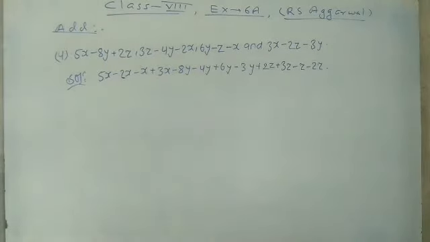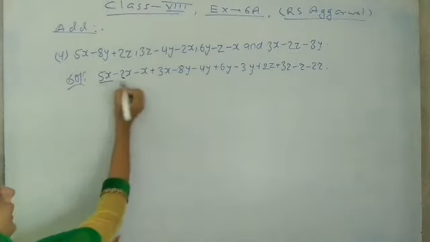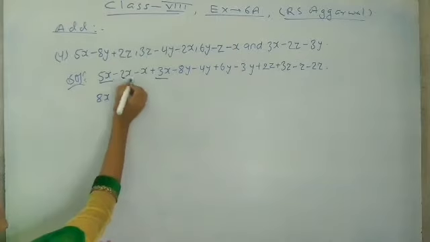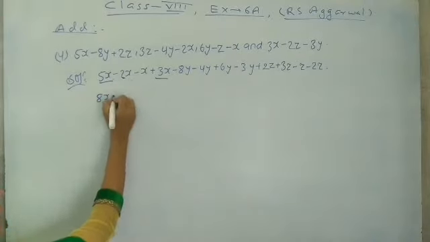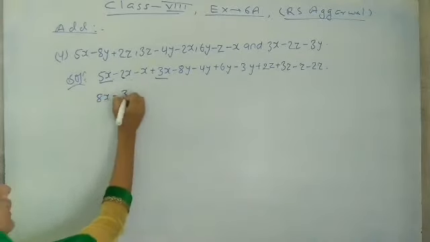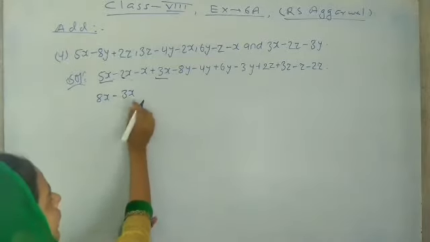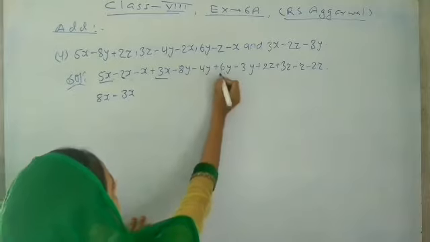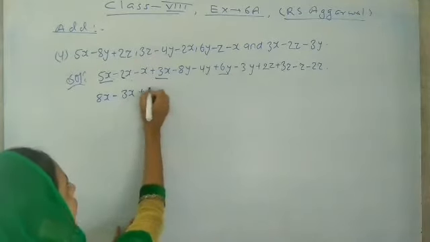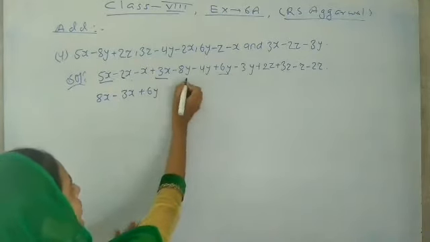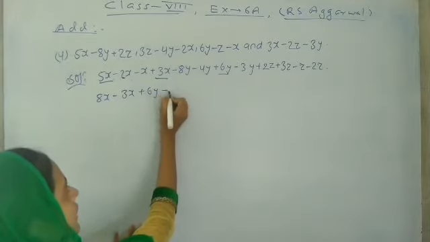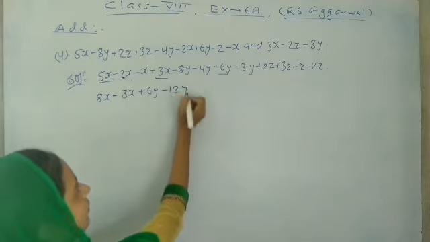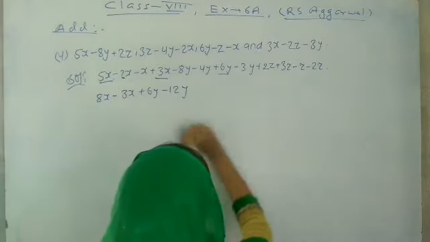Now firstly we will add those which are in plus. So 5x plus 3x, it will be 8x. And here minus, minus, plus, but the sign will be minus, minus 3x. And here also y, plus 6y, there is only one, so plus 6y. And here minus, minus, plus, but the sign will be minus, 8 plus 4, 12, 15y.